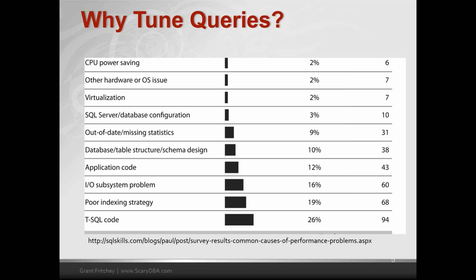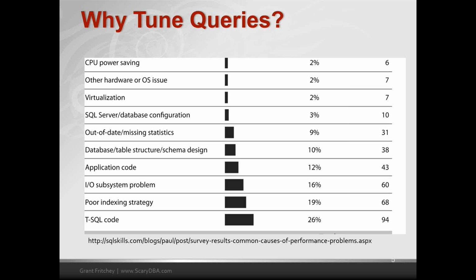In short, 64% of the problems reported for performance are directly related to queries. You're going to see performance problems in queries 64% of the time. And so that is why we're going to spend time worrying about queries. I see a few people saying I'm off by 10.